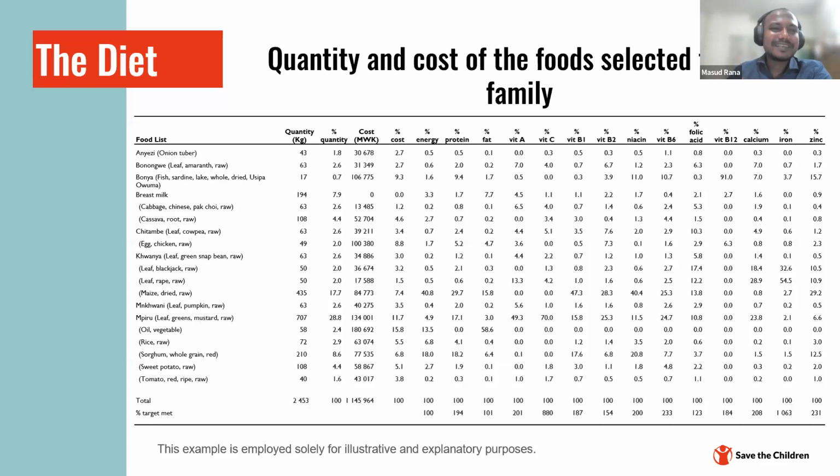I'm just giving you an example of what a typical diet looks like. So we went ahead and calculated the diet that meets all the nutrient requirements, which includes carbohydrate, fat, protein, and different micronutrients, including vitamins and minerals, right? For all the family members. So the standard family size for Malawi is 5. We calculated this for a standard family in Malawi. Next slide, please.